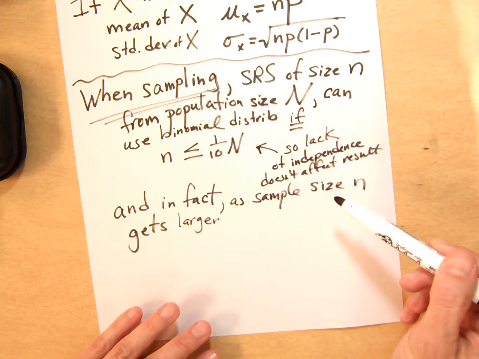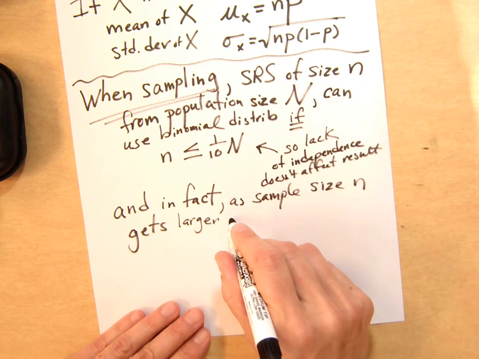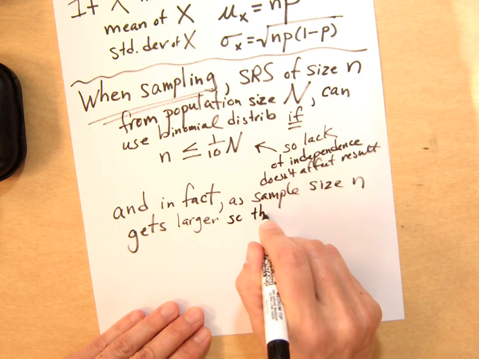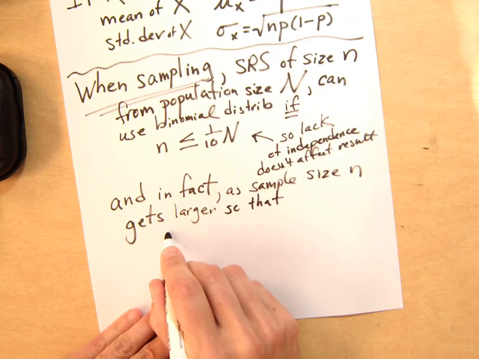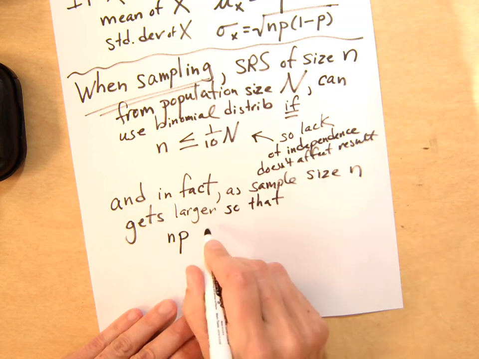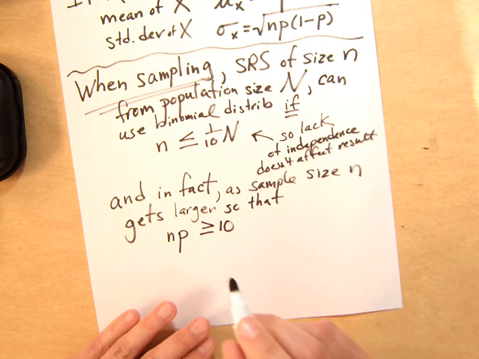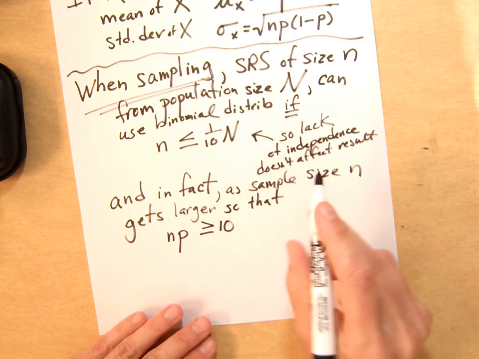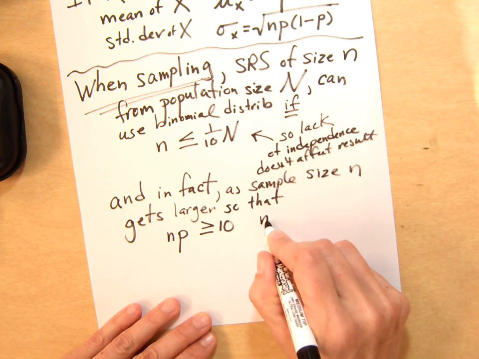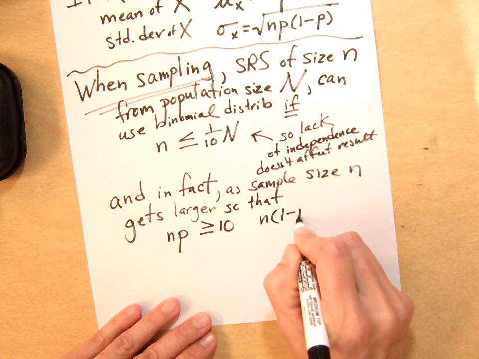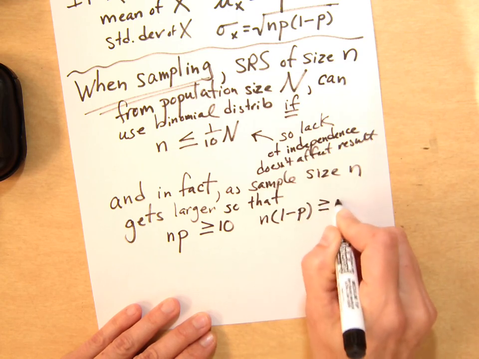So as the sample size n gets larger, so that np is greater than or equal to 10, that's so that your number of successes is at least 10, and n times 1 minus p, your number of failures, is at least 10.